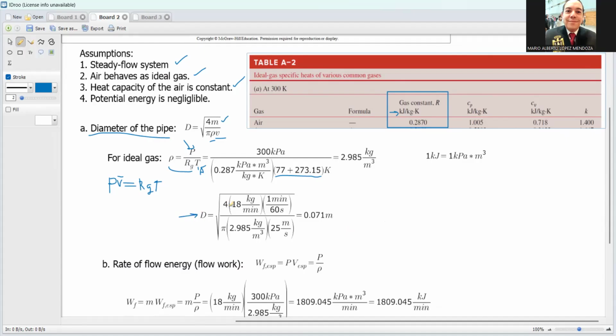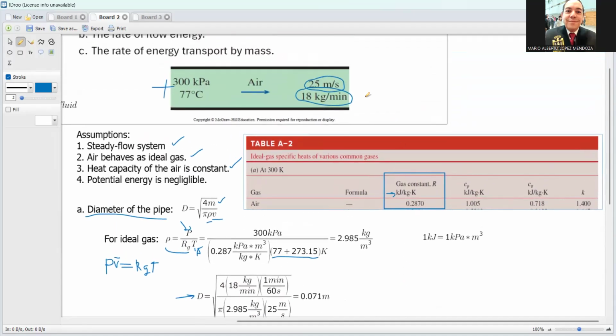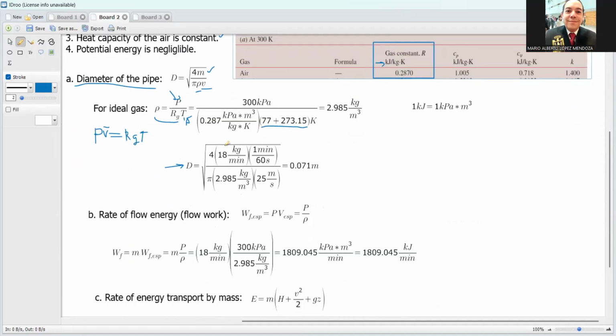We know all the information. We know that this is 4 times the mass flow rate, and because we have different units for mass flow rate and velocity, we need to write both in the same unit system. So I have included here a conversion factor in order to write the mass flow rate in kilograms per second.